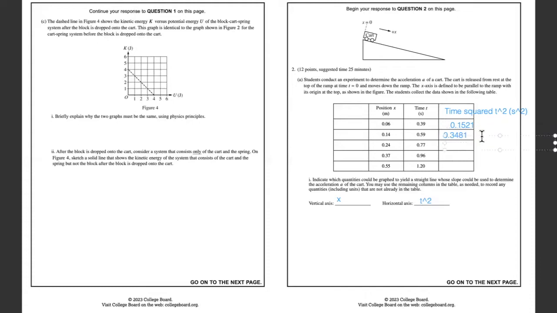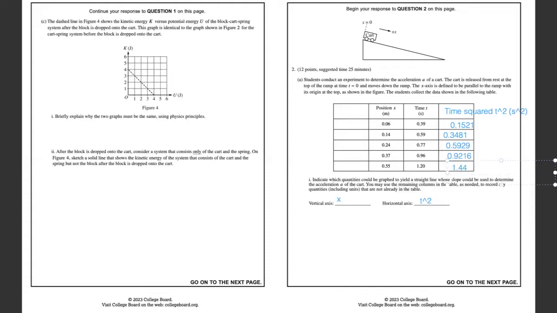If you didn't fill out this table with your new data points, you would definitely get at least something off. I think the amount would be 1 point. I don't think you would get any more than that, which is good. But we have two more numbers. 0.96 squared is 0.9216. And then 1.2 squared, we're almost there, 1.44.